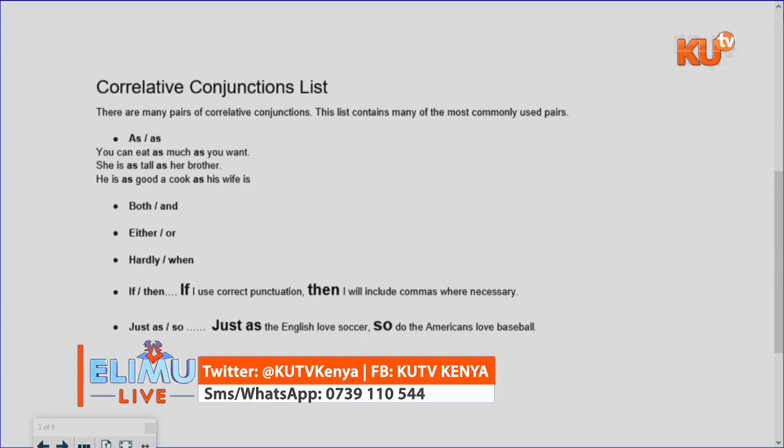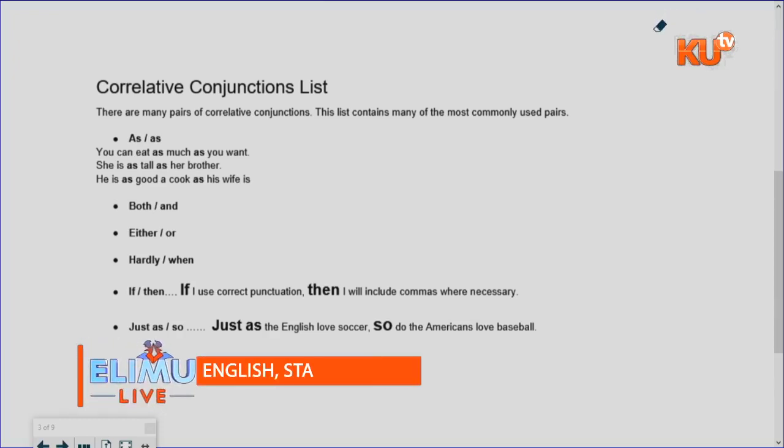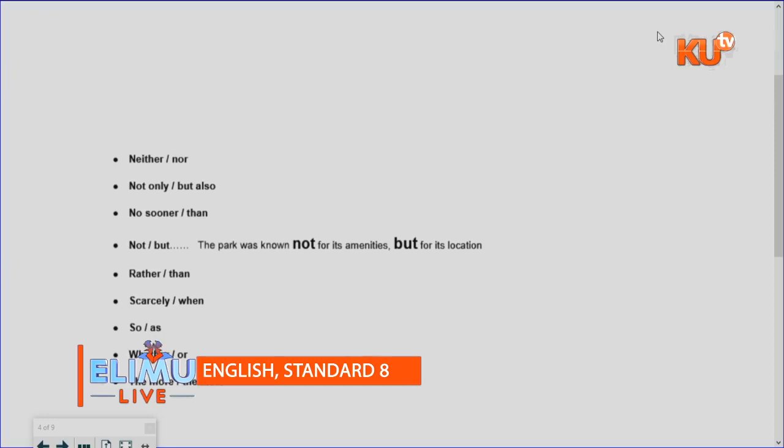To mean that in a similar way, the English love soccer is the very same way the Americans love baseball. A very interesting correlative conjunction there.